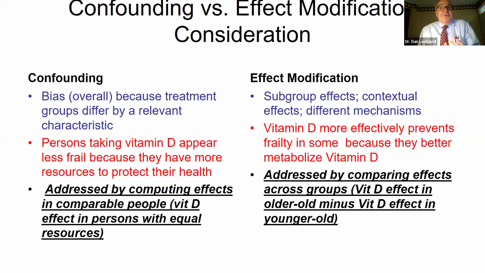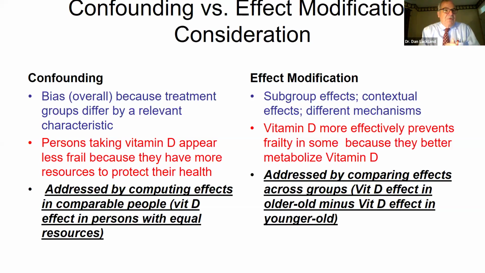You're trying to determine how vitamin D works, as opposed to studying the population and seeing that it works differently. So it can be both a confounder and an effect modifier.